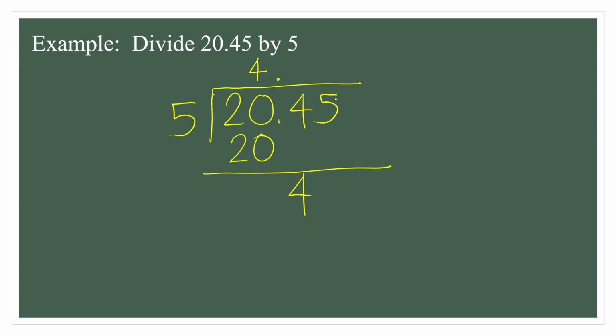You need to put 0 above. Okay, 4 divided by 5 is 0. Then, i-bring down ako si 5. Am I right? Yes, sir. 45 divided by 5. 9. 9 times 5, 45. 0. Is this clear, by the way?